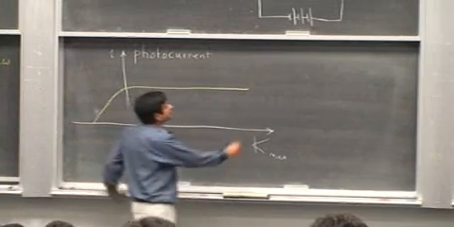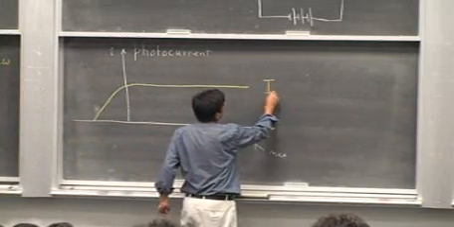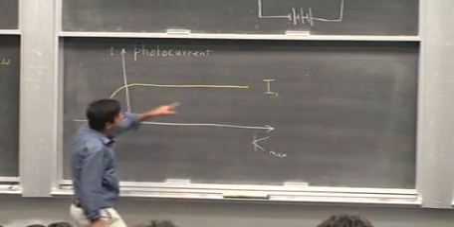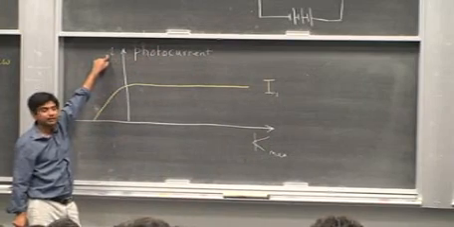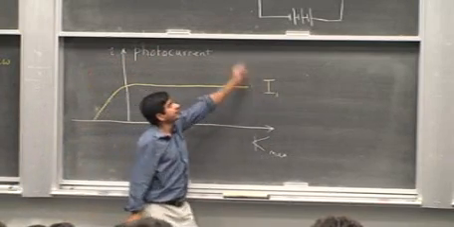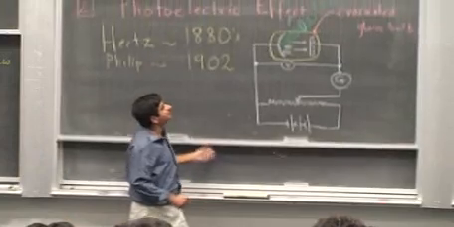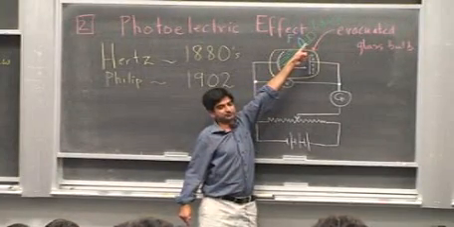So this was for a certain intensity of light I1. Now don't confuse this capital I with this I. This is the photocurrent and this is the intensity of light. The intensity of light means how bright is this source.